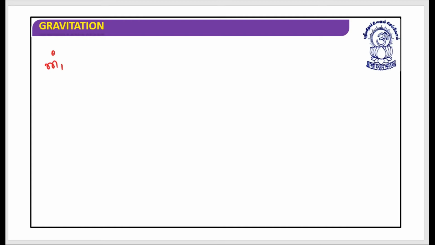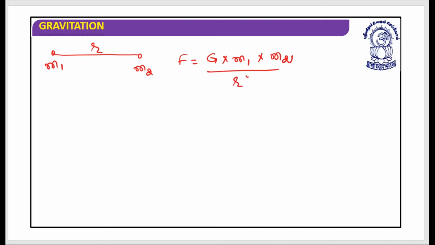This is mass 1, this is mass 2, and the separation between these two is r. Then the force between these two is G multiplied by mass of the first object multiplied by mass of the second object divided by the square of the distance between these two. This is r square.